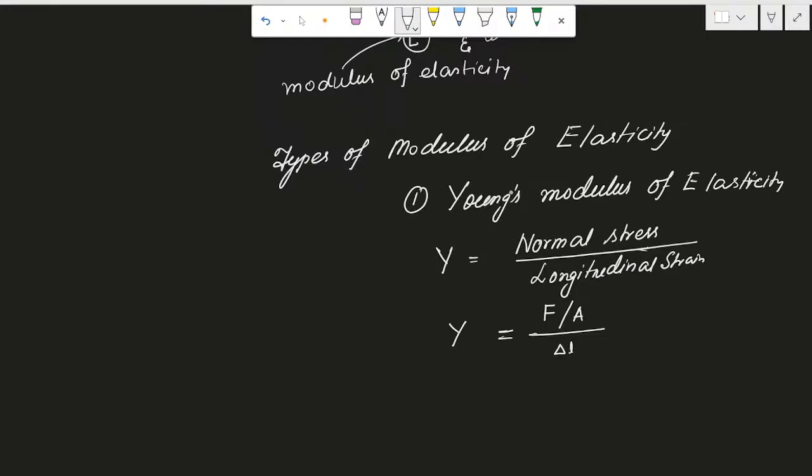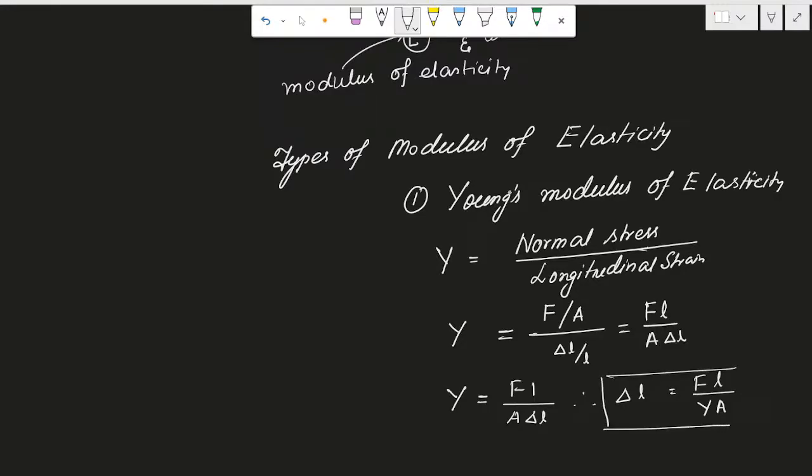And longitudinal strain is delta L by L if I consider. So if I rearrange them, A will go down, and what you will have is Y equals FL by A into delta L. And therefore, if you want to get delta L from here, it will be FL by YA.